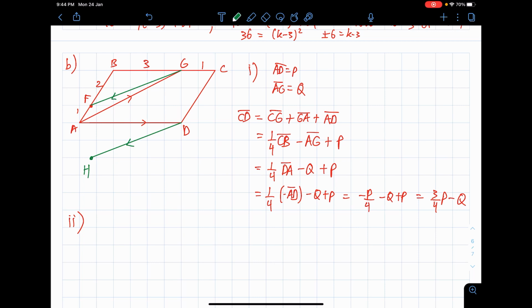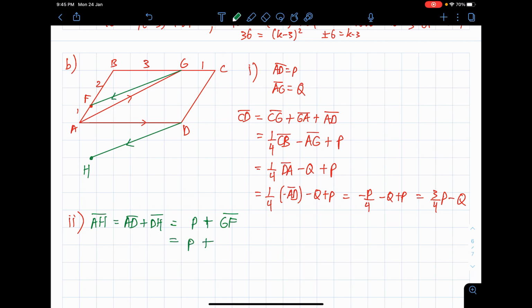Express AH. So I just take AD plus DH. Connecting the dots, the simplest way to do it. AD is actually P, we found it already. And then DH, we don't have DH, but we can say that DH is equal to GF since they are parallel and the same direction.